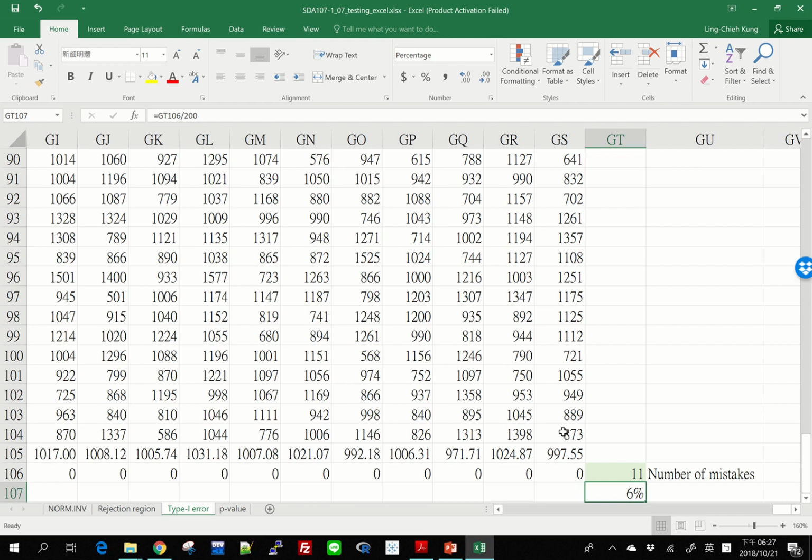If I do 2 million experiments, 2 billion experiments, you will see this number exactly, I should say almost exactly 5%. But because we only have 200 experiments, sometimes you still see a large number. But for each independent experiment, before you do that experiment, the theoretical type 1 error probability is 5%.